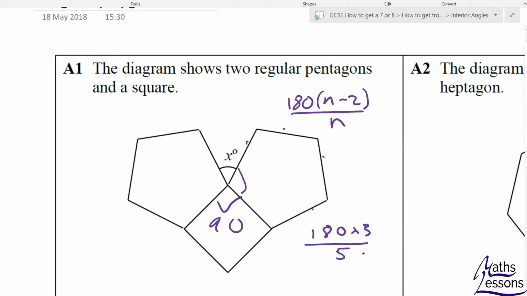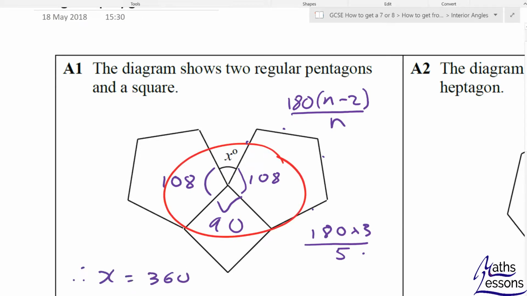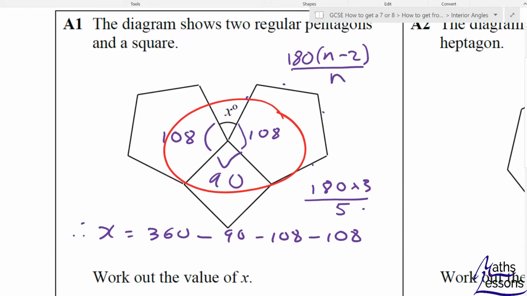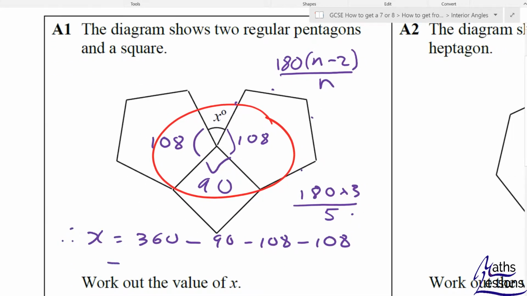That gives 540 divided by 5, which is 108. The other one will also be 108. So x equals 360, because that's a complete turn, minus 90 minus 108 minus 108, which gives 54 degrees.